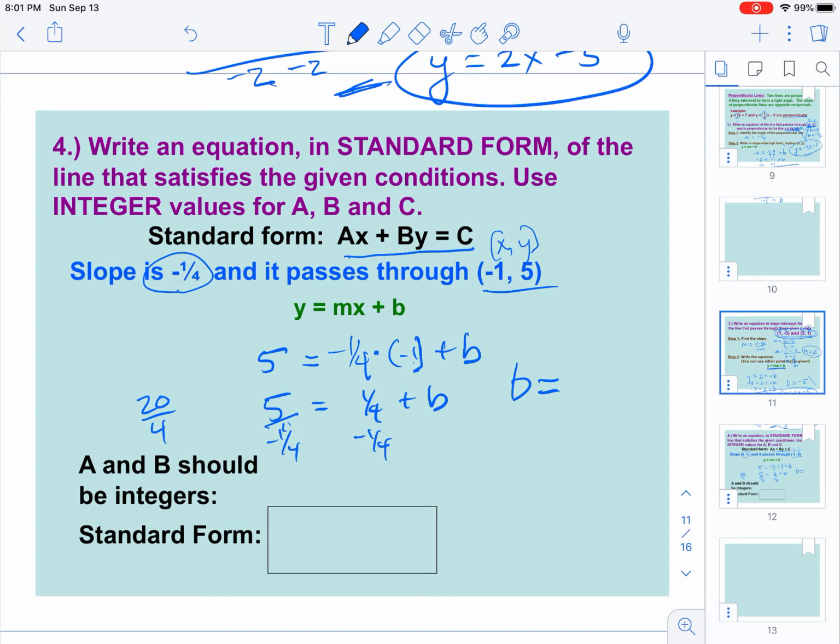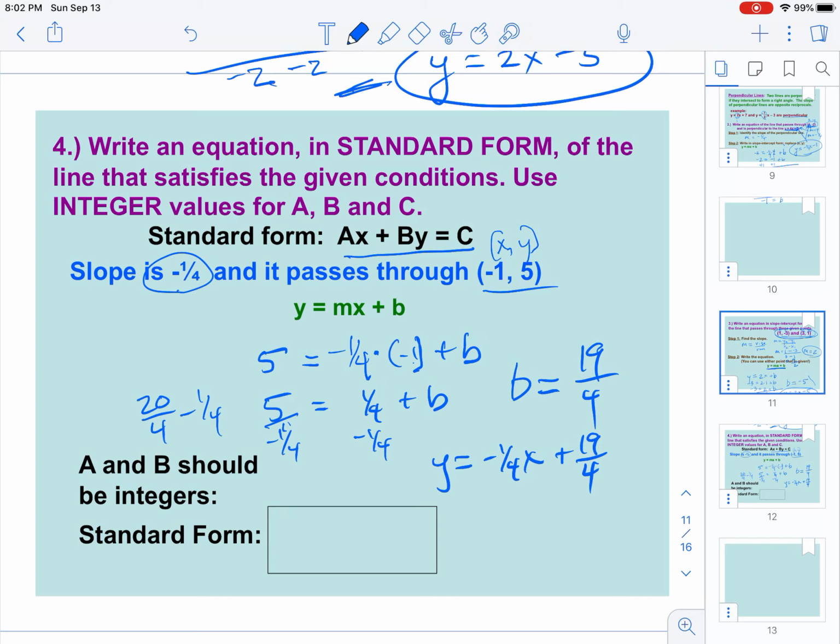I multiply both top and bottom by 4. If I take 20/4 minus 1/4, that is the same as 19/4. So y equals negative 1/4 x plus 19/4. That's the slope-intercept form. But if we actually want to find out what the standard form is we have to do something to get rid of those fractions.